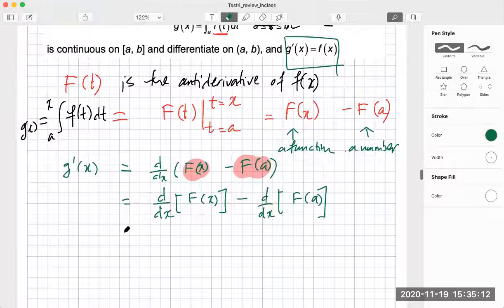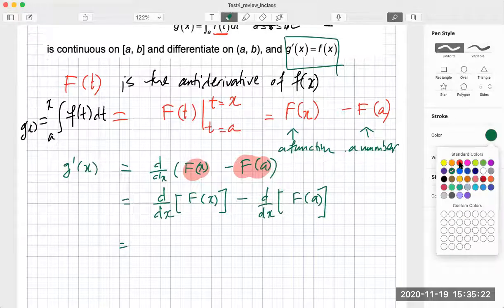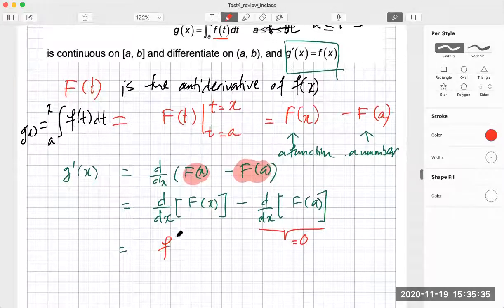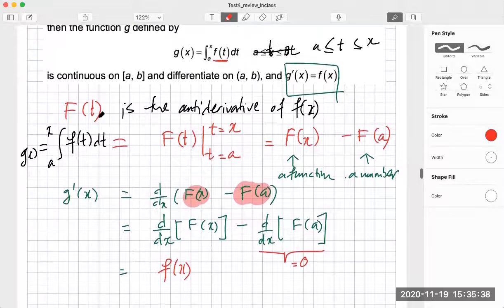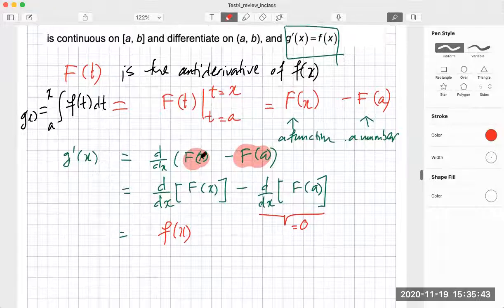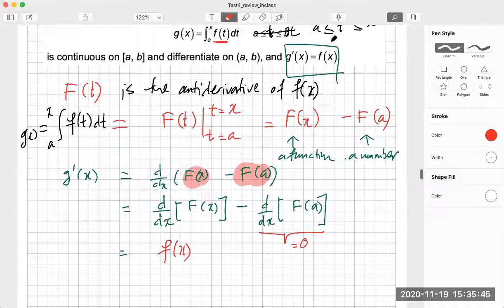Here F of a is a number, therefore the derivative of a number will give us 0, okay? And this guy, the derivative of F with respect to x, gives us small f here, right? Because capital F is the antiderivative of small f here. Therefore, we have this part 1 of the fundamental theorem of calculus.